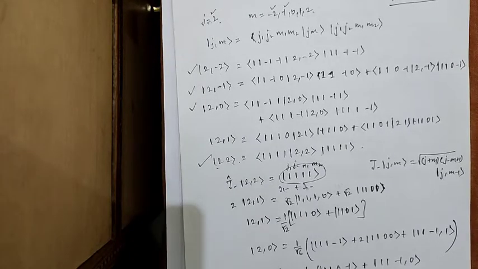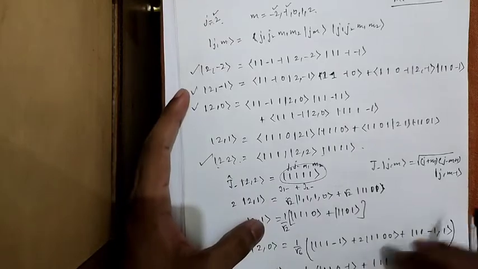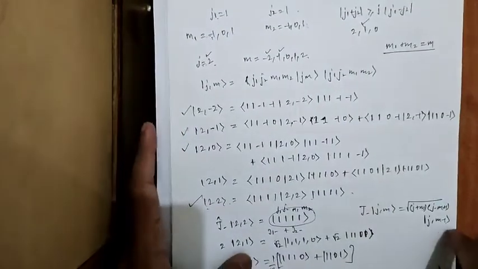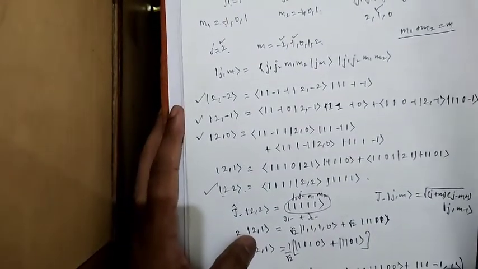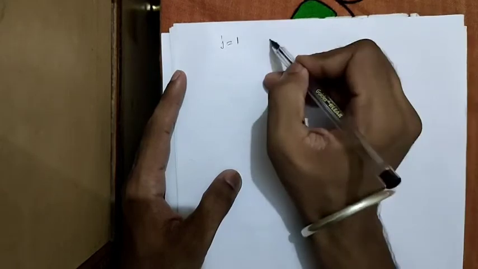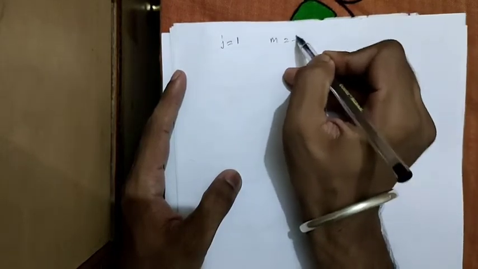Now move back to the value j equals 1. For j equals 1, the possible values for m are -1, 0 and 1.